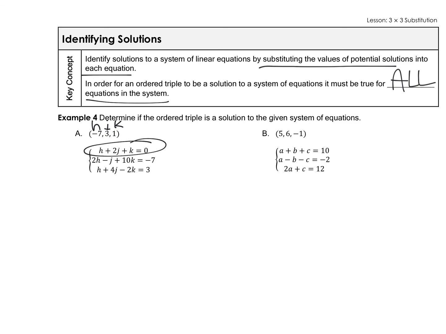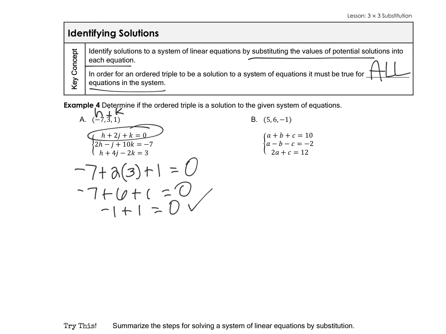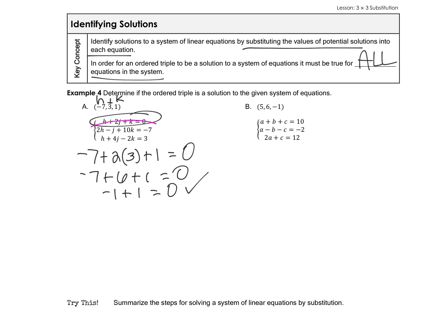So this first equation is -7 plus 2, instead of J I'm putting 3, instead of K I'm putting a 1. So you're going to work it out and check it. That's -7 plus 6 plus 1. Left to right, that's -1 plus 1, which does give me 0. So that one works. Now, you have to check it for all three because it's what they all have in common.